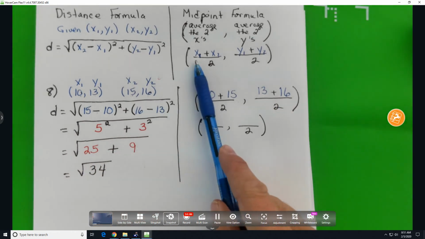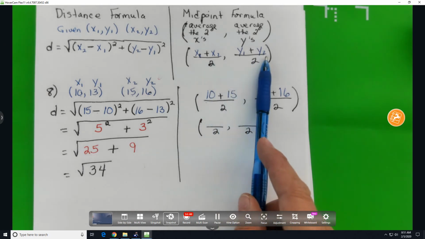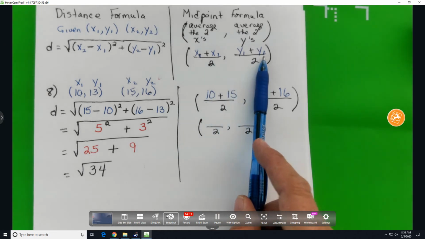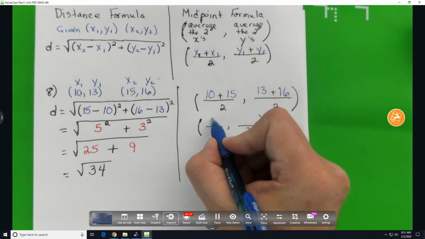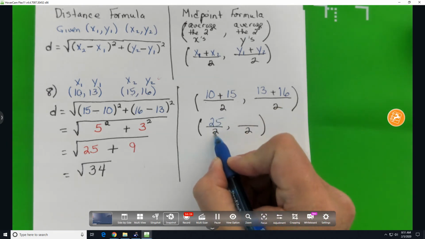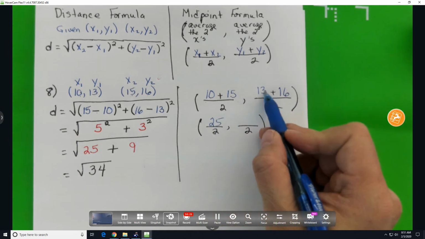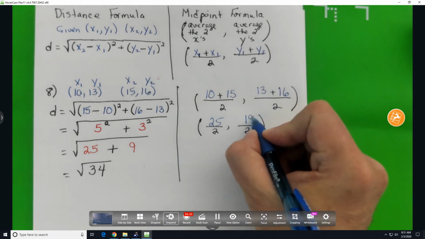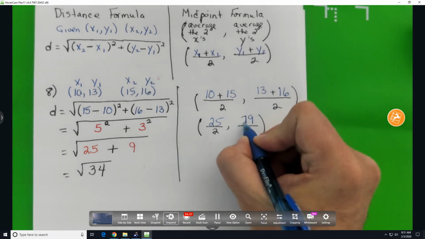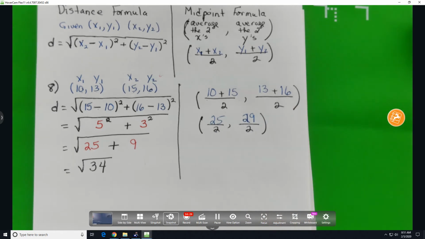Plugging in for x1, x2, y1, y2. I'm averaging the x's, which means add them up. So what is that, a 25? Divide by 2. Doing the same thing with the y's. Add them up. Oops, that's not a 19, that's a 29. Divide by 2.